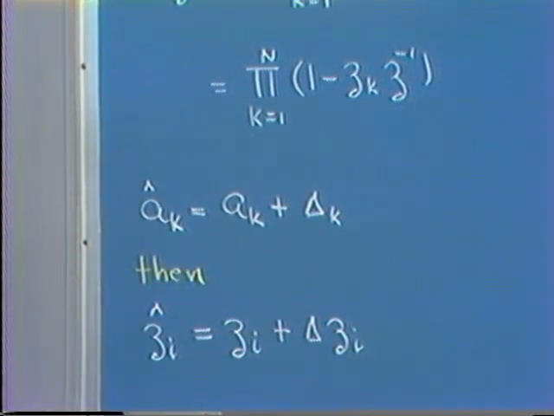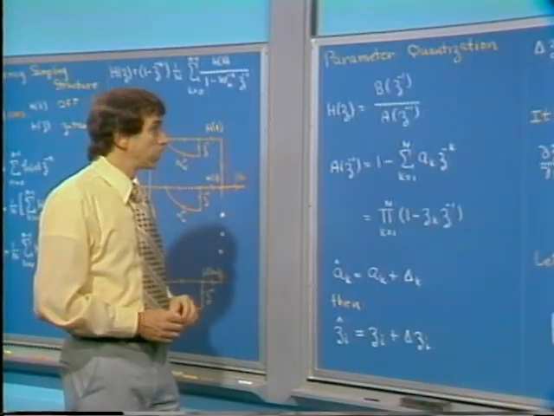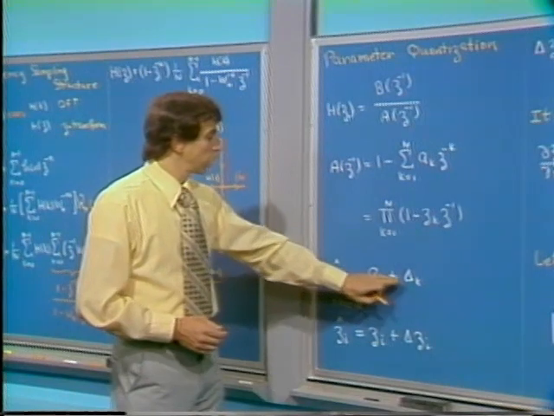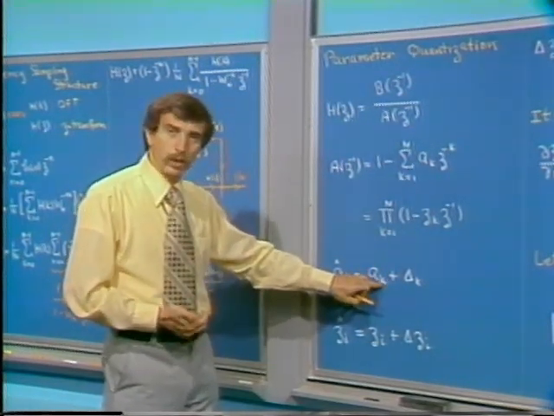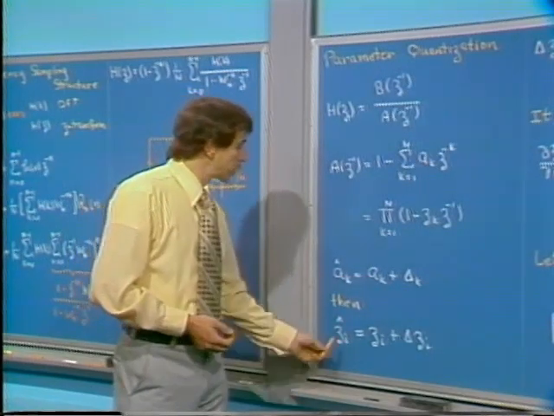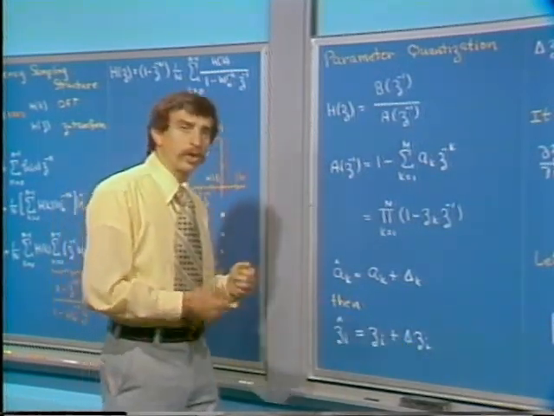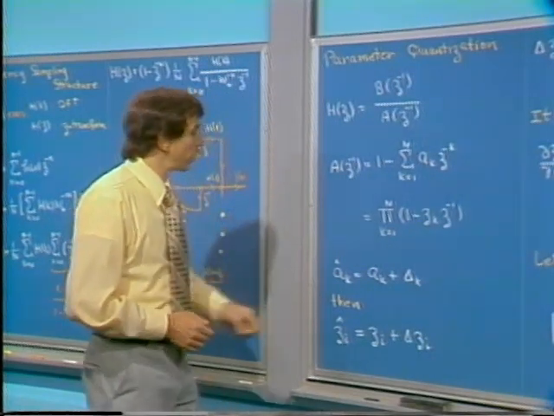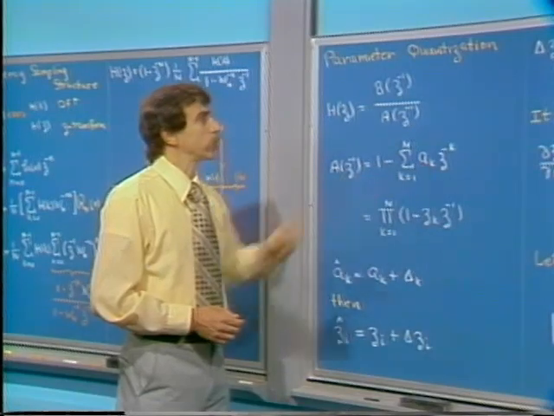Now, we can examine what this deviation is by essentially assuming that the variation in these parameters is small and expressing this error in terms of the partial derivatives of the pole locations with respect to the coefficients a sub k.